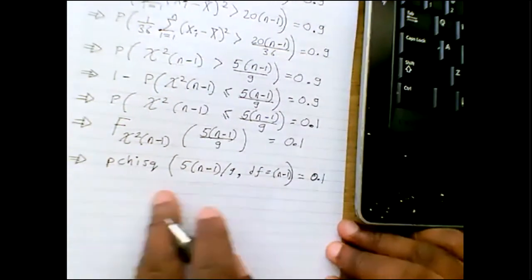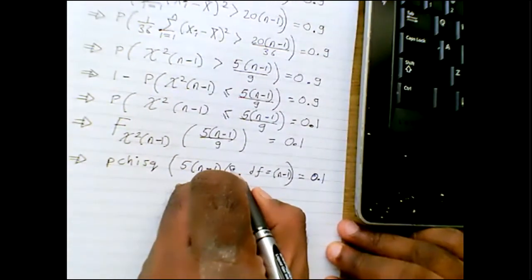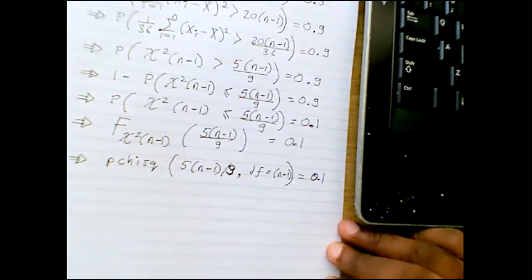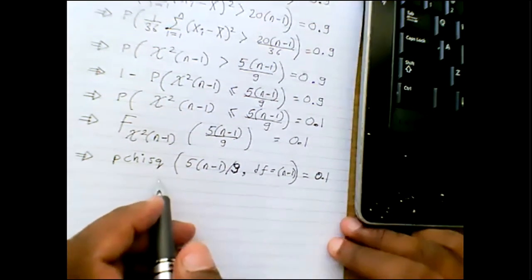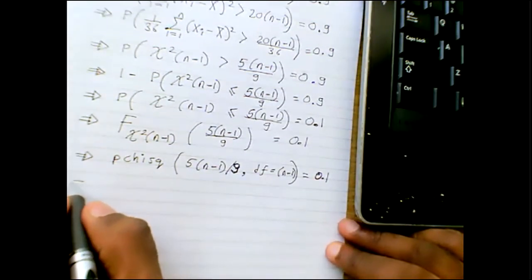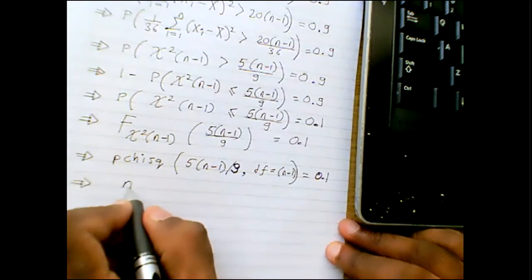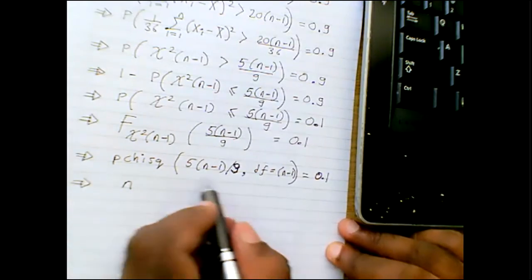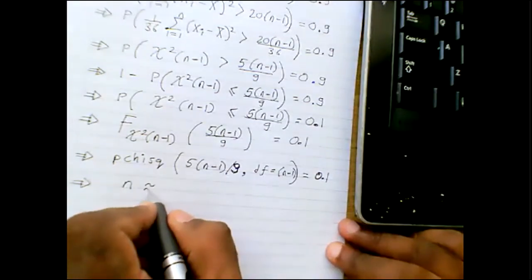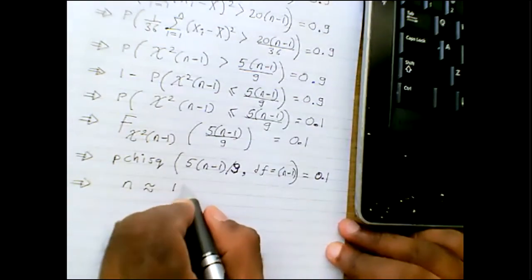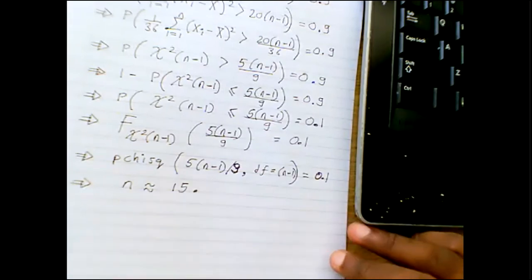Sorry, this is 9, guys, if you can't see it, sorry for my writing. Okay, now if you solve this in R, there are functions for solving this, you will get the sample size to be approximately equal to 15.